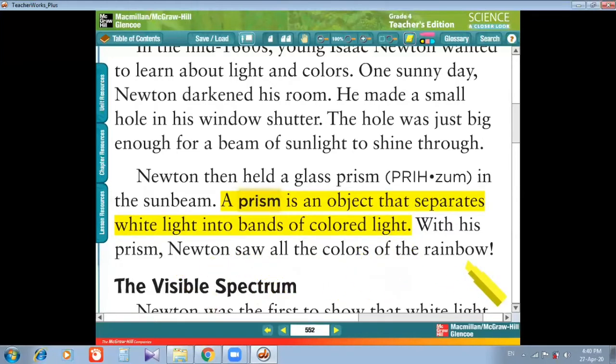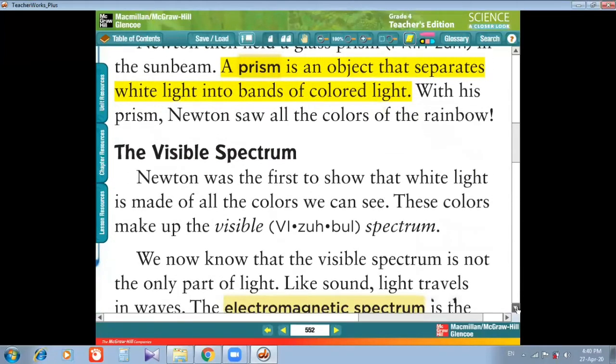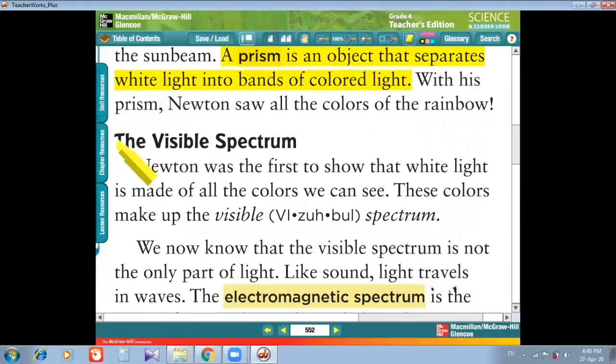So if you pass a sunbeam through a prism, the white light will be converted into the rainbow colors. You can see the rainbow colors. So this happened with Newton. The visible spectrum.